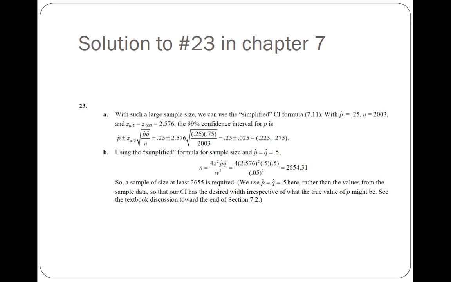So you just look at the formula and plug in your multiplier. You generally use 0.5 because that maximizes the parabola, and that's the largest it will be. Like 0.25 times 0.75 will be less than 0.5 times 0.5 because you have a nice little parabola. The top is maximized at 0.5 times 0.5.